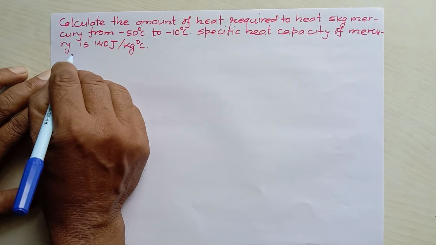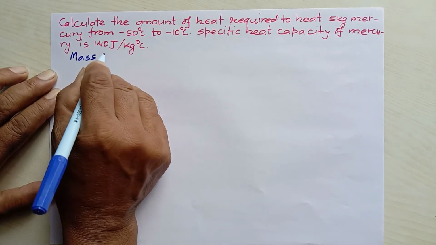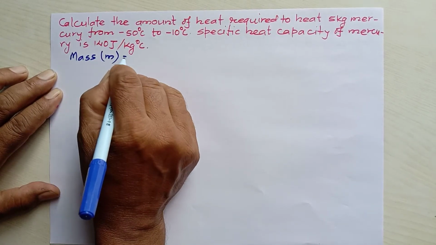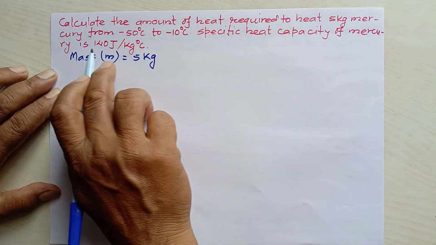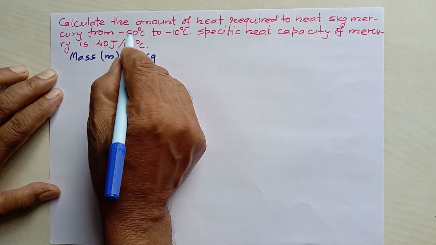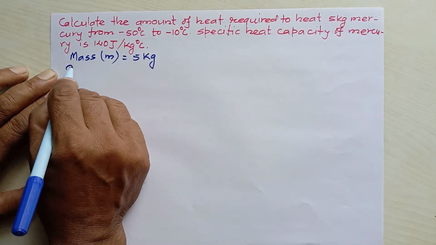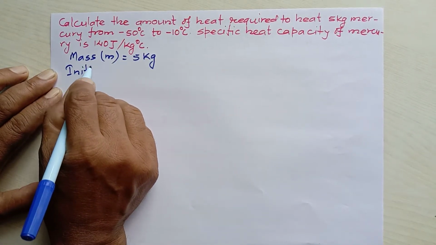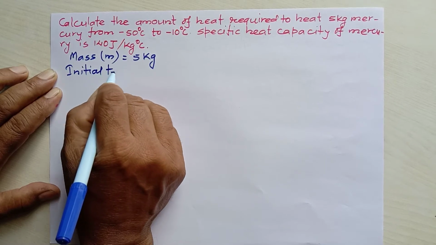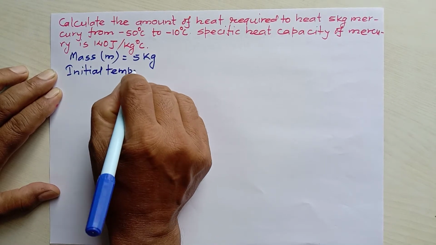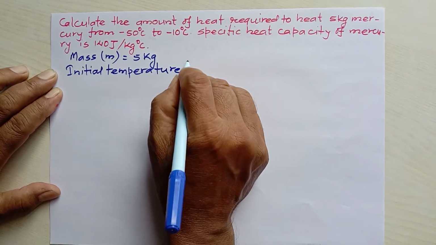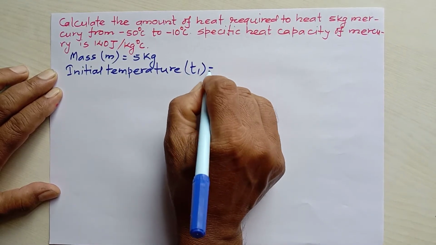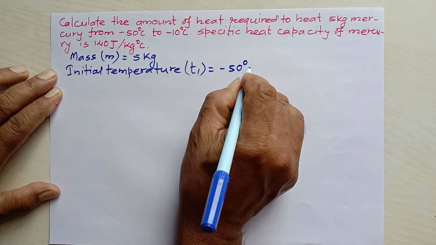What is given? Mass is given. Mass denoted by m is equal to 5 kilogram. And initial temperature and final temperature. Initial temperature T1 is equal to minus 50 degrees Celsius.